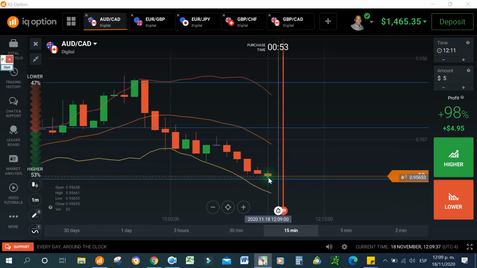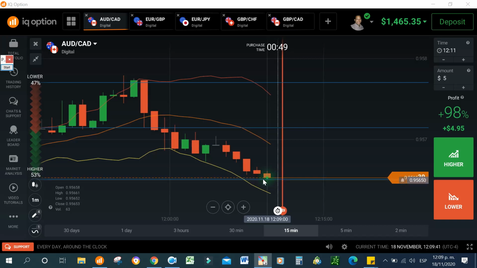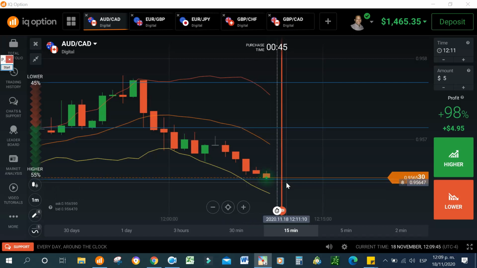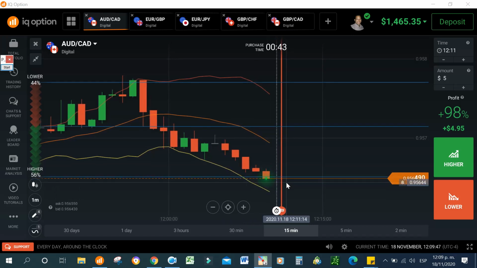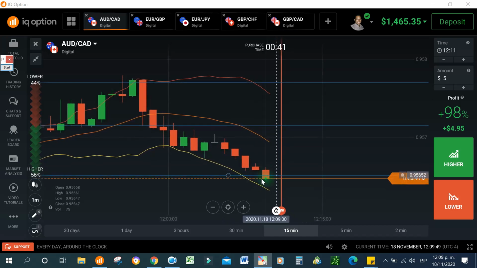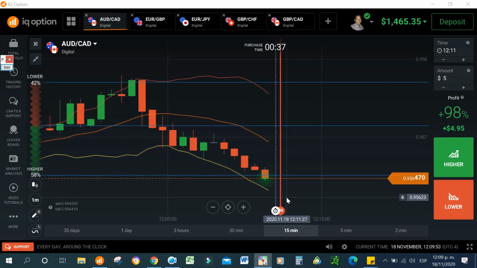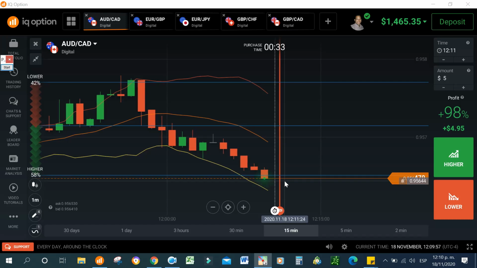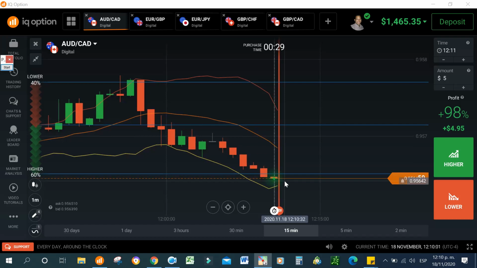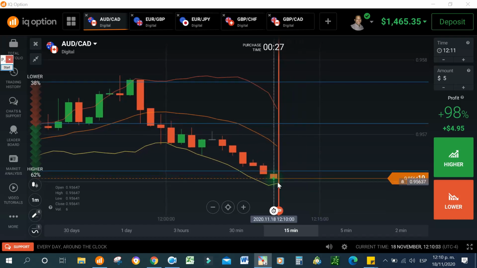So right now this little candlestick is touching the blue line, which is the support level. But I need to wait until this candlestick closes to see what's gonna happen. Oh yeah, I need to wait a little bit more.